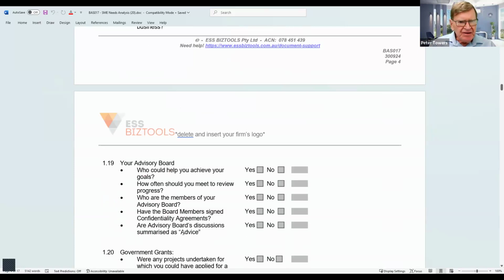And I've also got there the advisory board. Advisory boards are becoming far more popular in Australia, especially with the number of one-person company board of directors we now have, because the Corporations Act enables us to operate a lot of private companies with only one director.